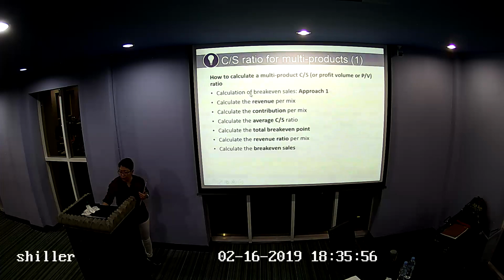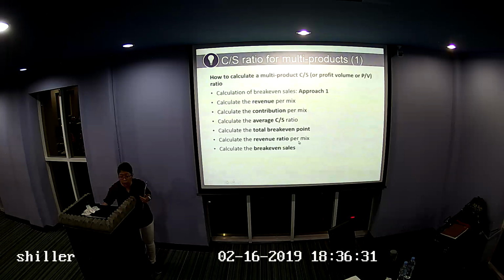So first, we need to use the calculation of break-even in approach 1, except that for revenue, we have to use revenue per mix. Because the CS ratio is your contribution divided by sales, yes? Then you have the break-even points, and then you break it down by product.